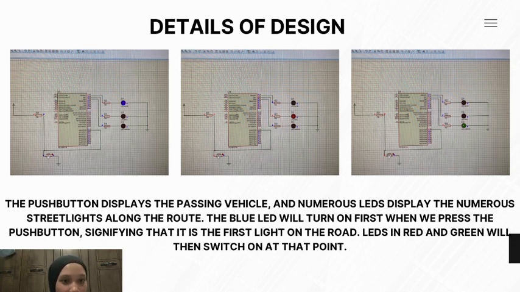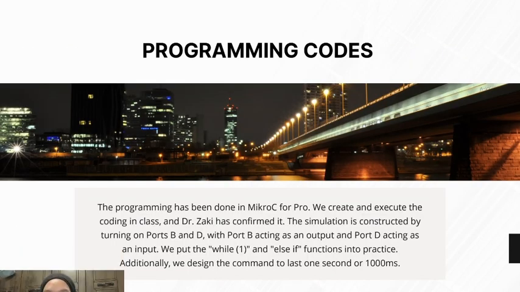When we press the push button, the blue LED will light up first, indicating that it is the first light on the road. At that point, the red and the green LEDs will illuminate.